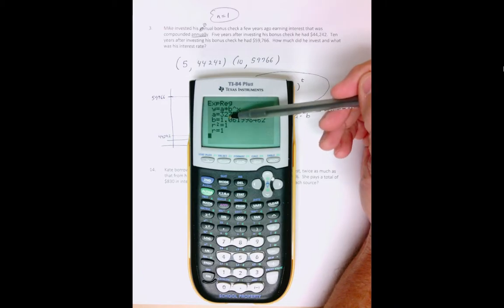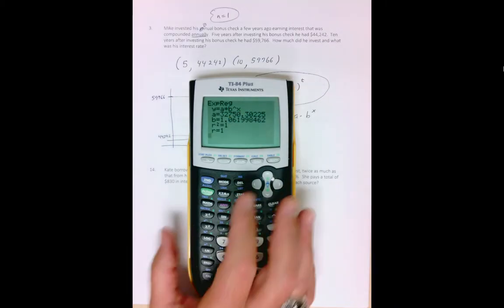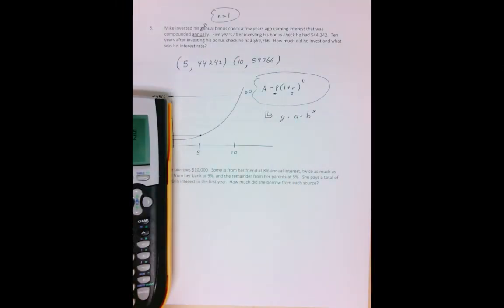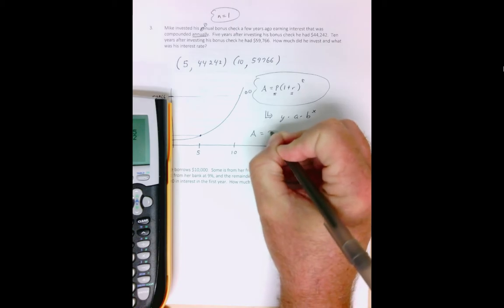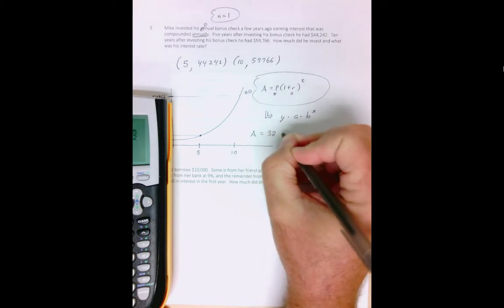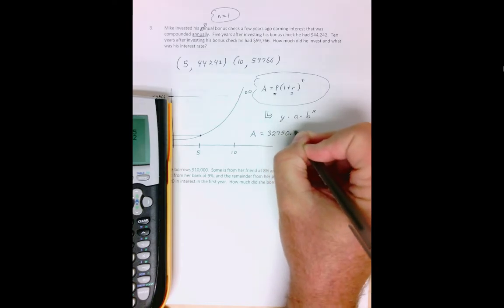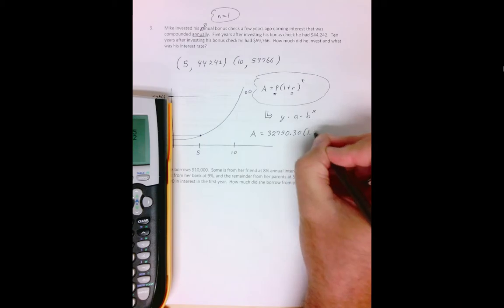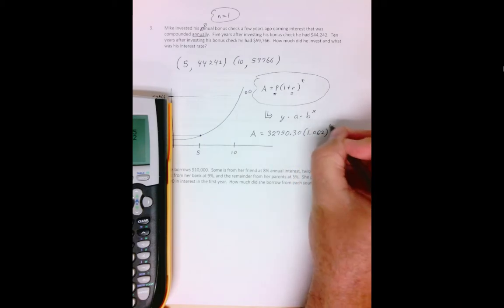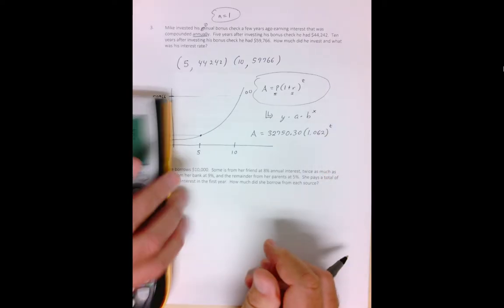So my A in this situation is 32,750.30 times 1.062 raised to the T power.